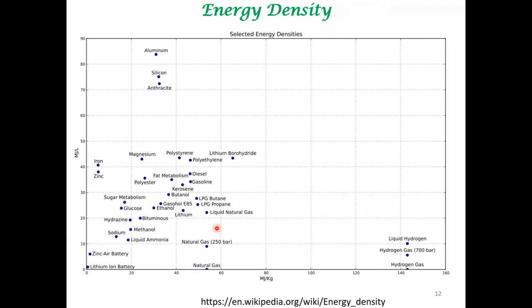All these things are to be seen in the context of the broader question of energy. In the broader question of energy, energy density is a very, very important issue. Here, how much energy is released per unit volume of the fuel, or per unit mass of the fuel.